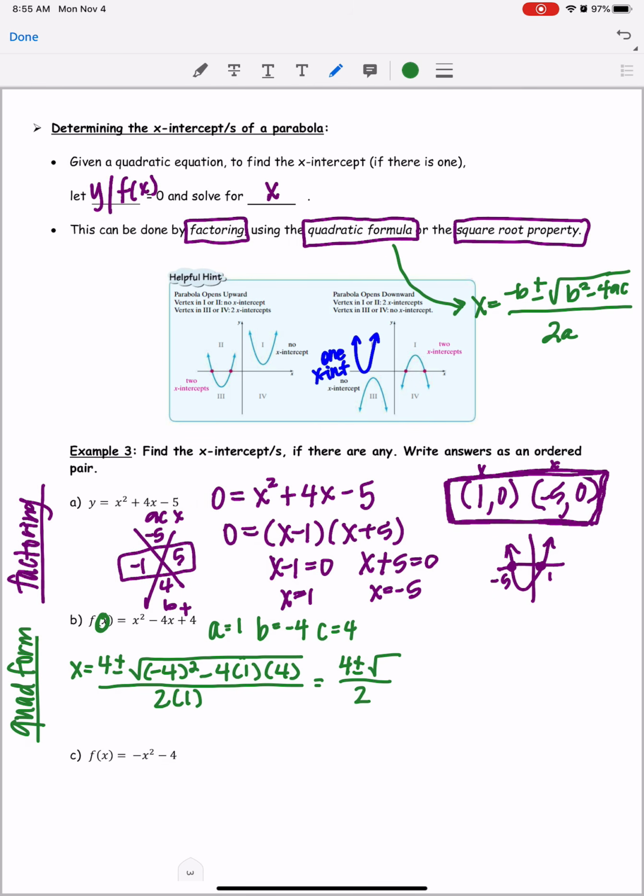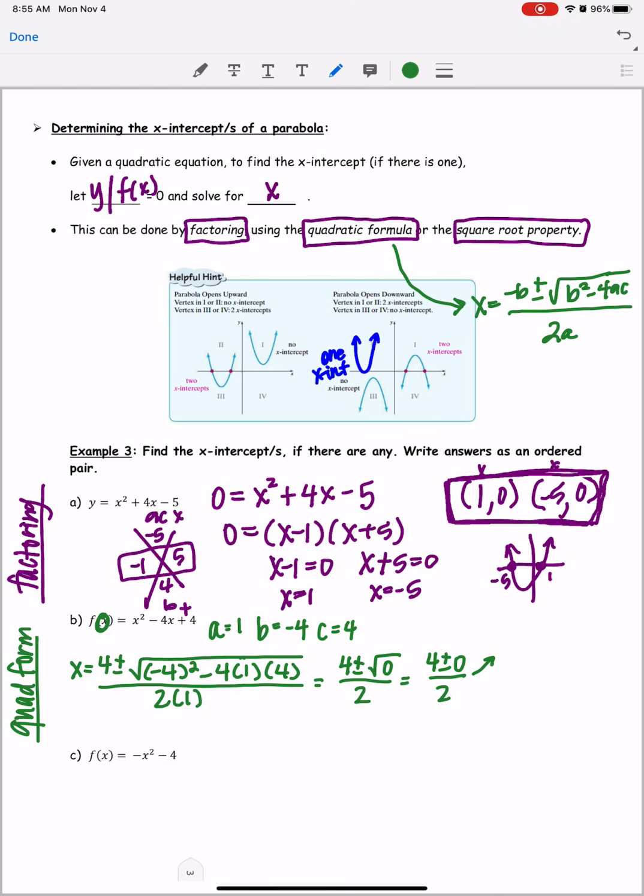Okay, weirdly enough, you get 0. The square root of 0 is 0. So I've got 4 plus or minus 0 all over 2.